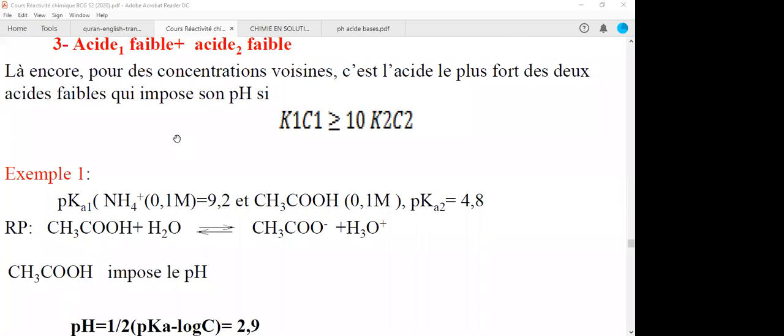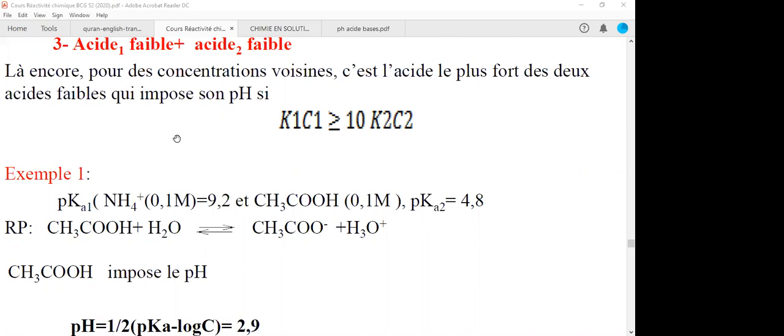So if we want to find the pH now, let me put it this way: we have two acids. They are both weak acids, but the weakness of the first acid is not equal to the weakness of the second acid. Both acids are weak, but one is going to be weaker than the other.